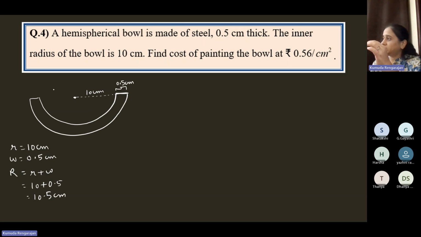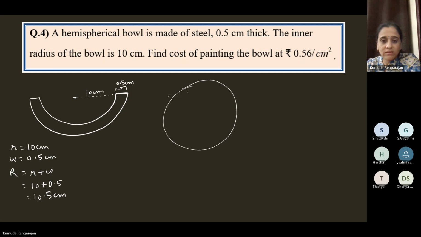So identify the surfaces you have to paint, the outer surface. Then when you look inside the bowl, the inner surface has to be painted. And on the top, you can see the brim of the bowl, no? That will be slightly flat. You can see a flat circular ring on the top. What you'll see on the top is something like this.